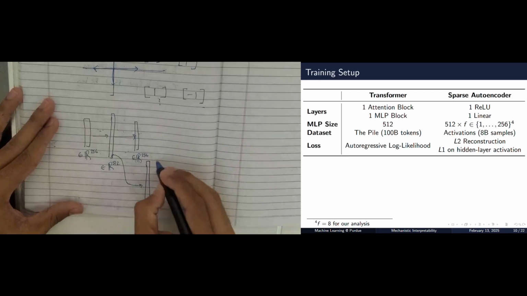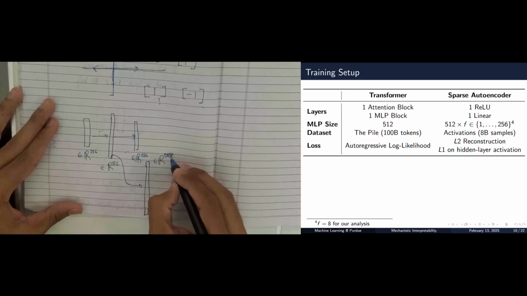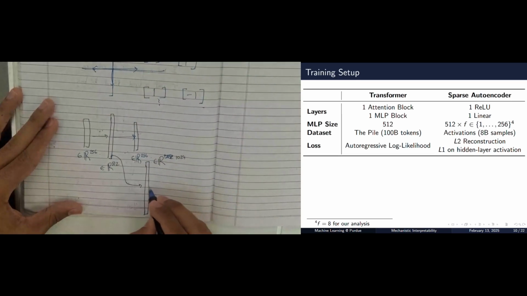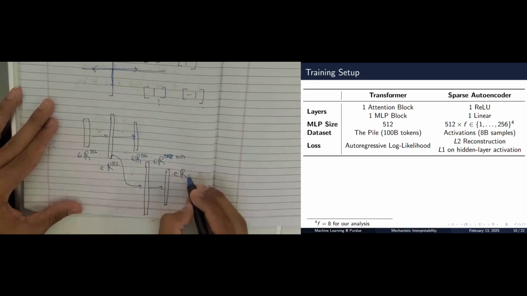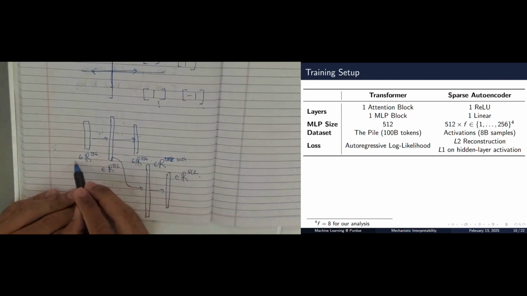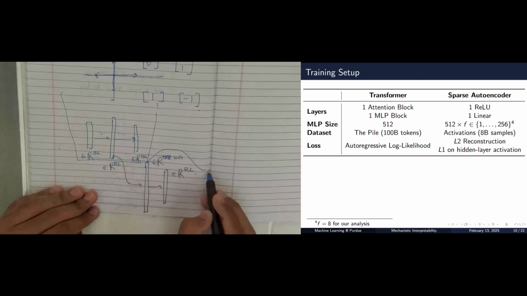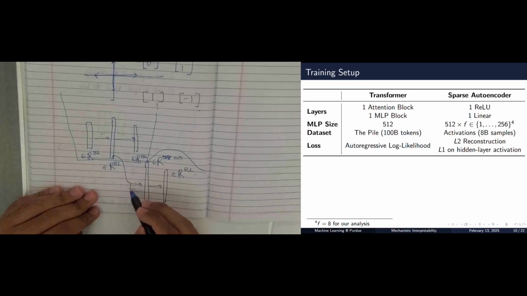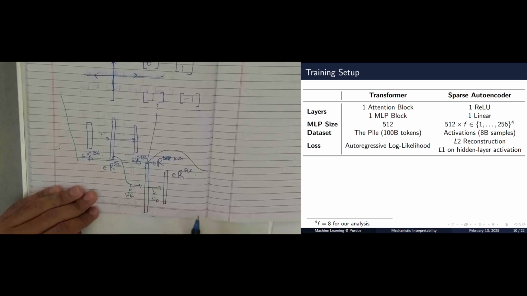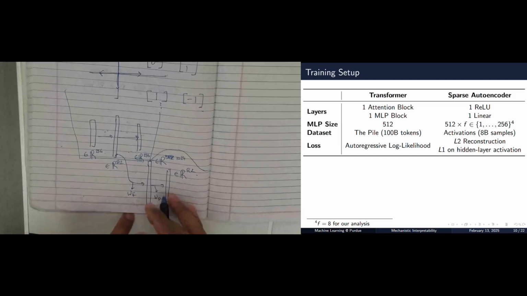Okay, and now this is in some multiple of 512, so 1024, and then you recompose this back into R512, right? So this entire process is the standard feed forward, and this entire process over here with the encoder and the decoder is the SAE, or sparse autoencoder, part.